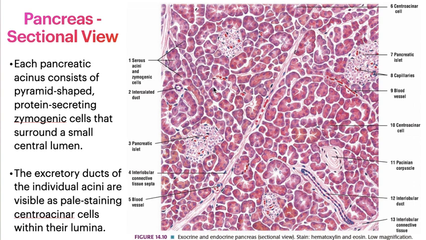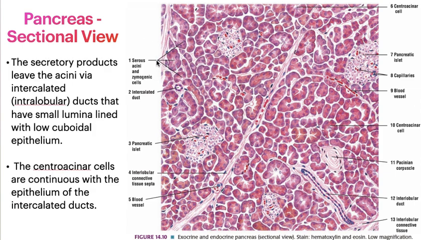Each pancreatic acinus consists of pyramidal shaped protein-secreting zymogenic cells surrounding a central lumen. The excretory ducts of the individual acini are visible as pale staining centroacinar cells within the lumen.